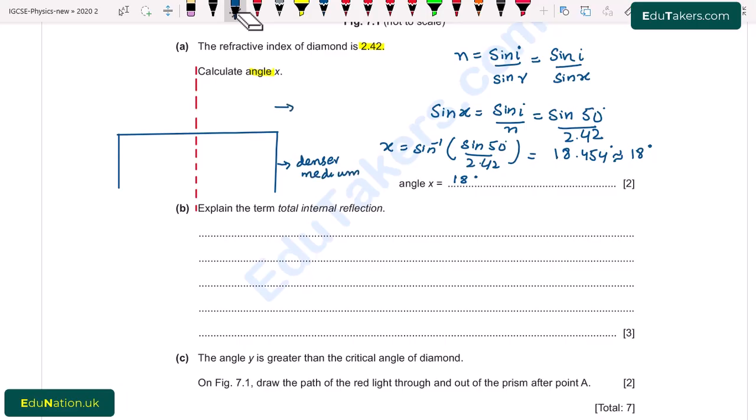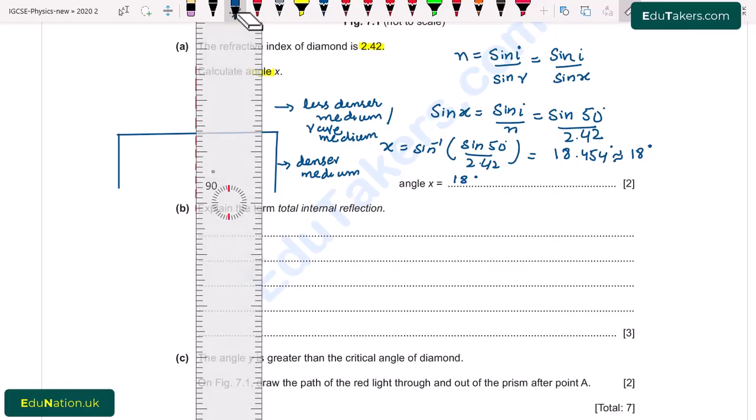And this is the less dense medium, or it can also be called the rare medium. When a ray of light from the denser medium falls on the surface, then what will happen?